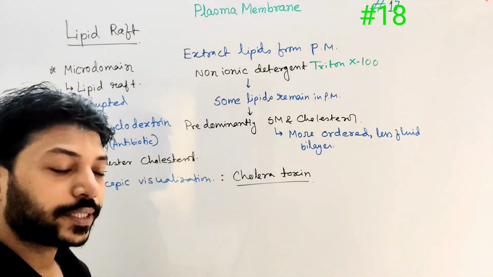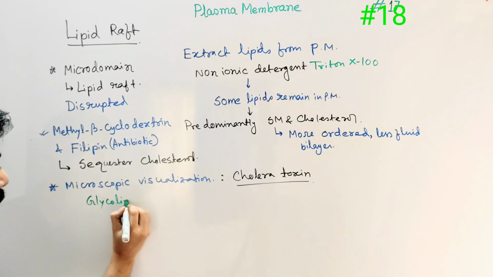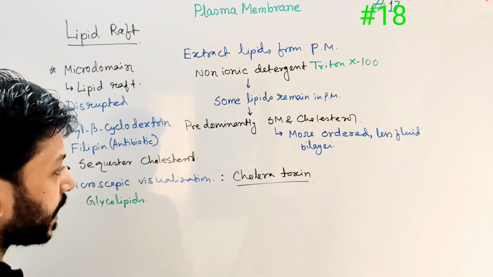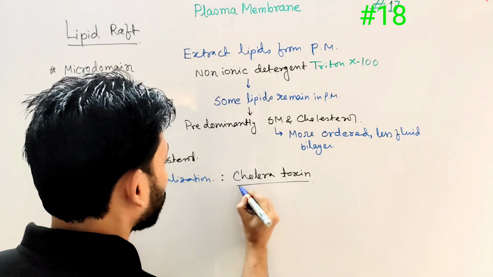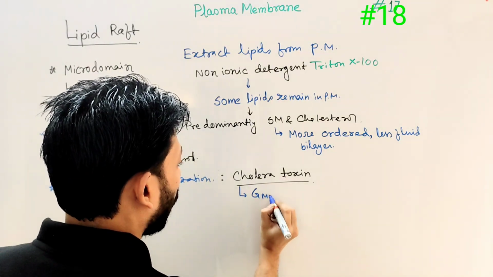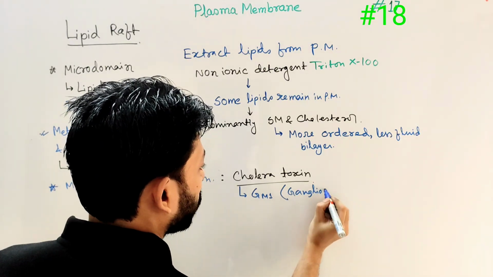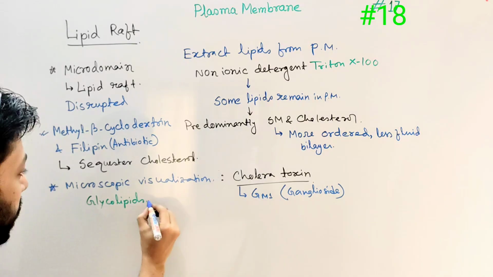Because lipid rafts contain a high amount of glycolipids. This is important. They contain high amounts of glycolipids. Now, cholera toxin can bind with a particular glycolipid called GM1. This is actually a ganglioside. So these gangliosides are glycolipids.